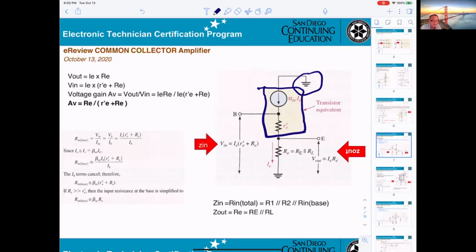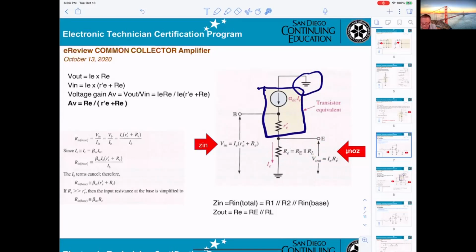Common collector means the collector will be grounded in AC. Common emitter means in AC the emitter will be grounded. Common base, same thing, the base will be grounded in AC. Okay, this is the transistor, this is the base right here, and at the emitter you get R big E, and you can get another, R load.